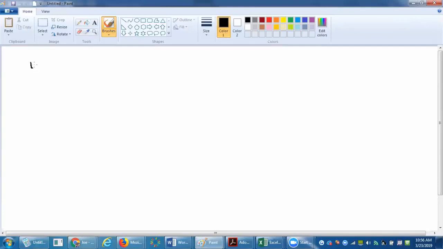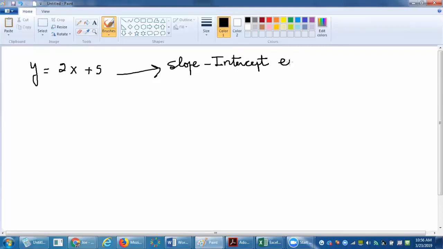What if y equals 2x plus 5? Now, just by looking at this equation, this is what I can discuss. I can say this is a slope-intercept equation of a line.